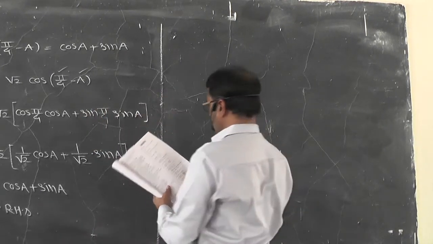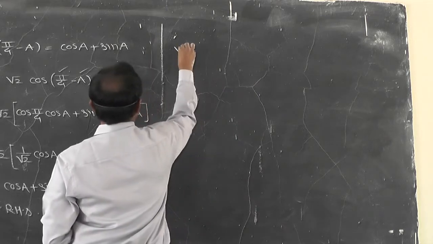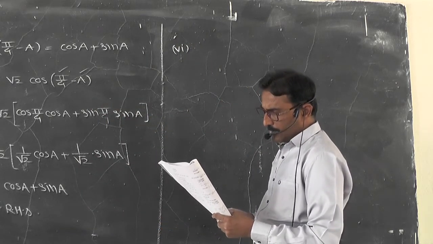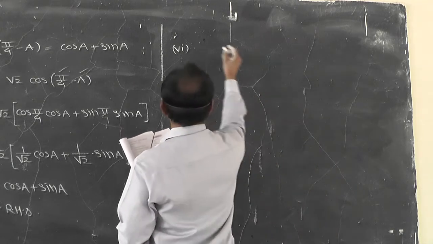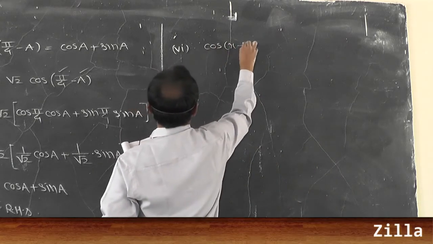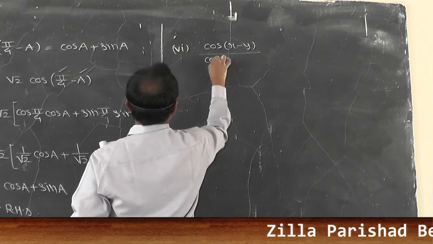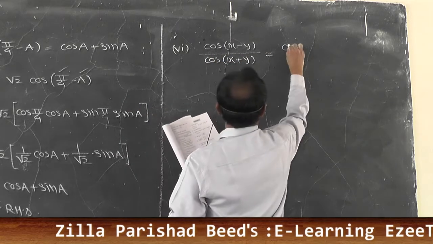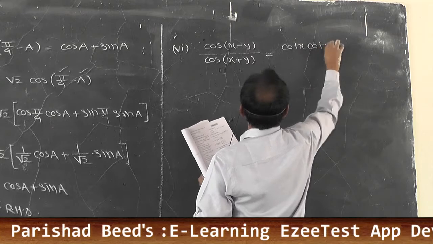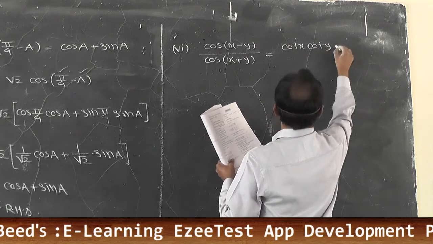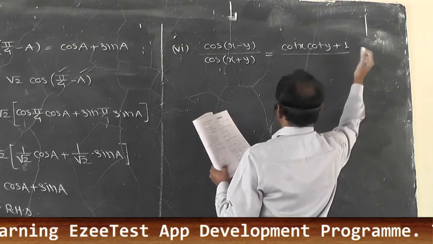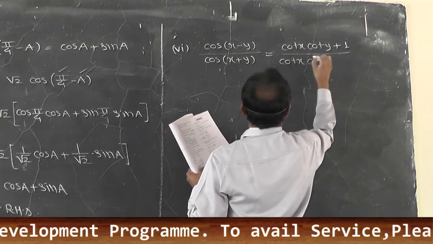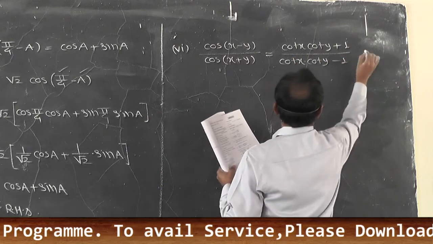Now take the next one, that is the sixth here. They have written a very straightforward question. It is cos of (x minus y) upon cos of (x plus y), and they have written the answer is (cot x cot y plus 1) upon (cot x cot y minus 1).